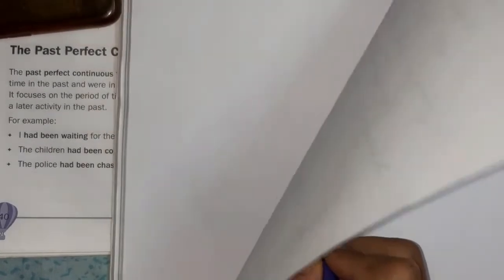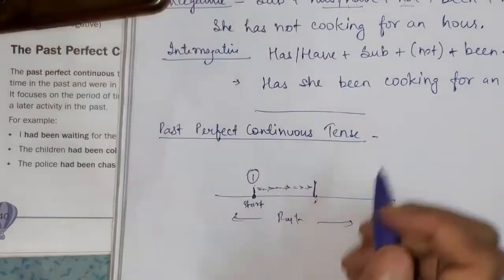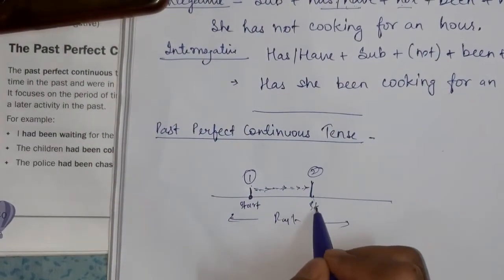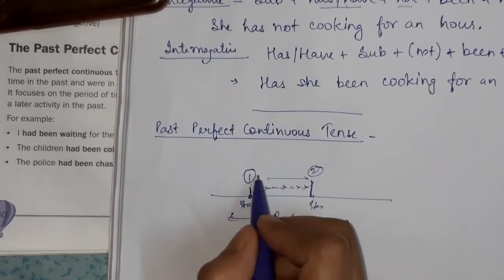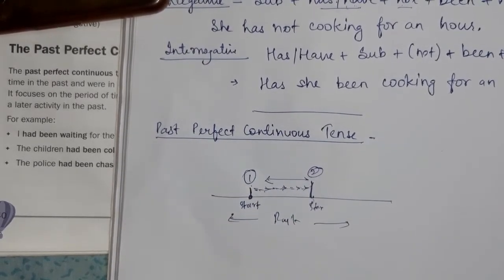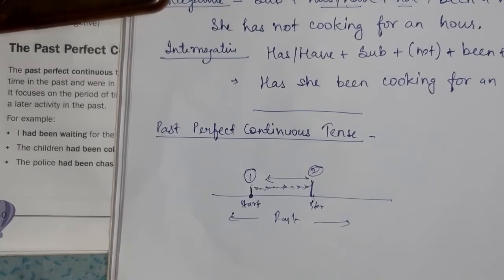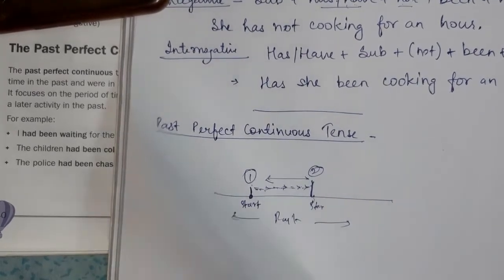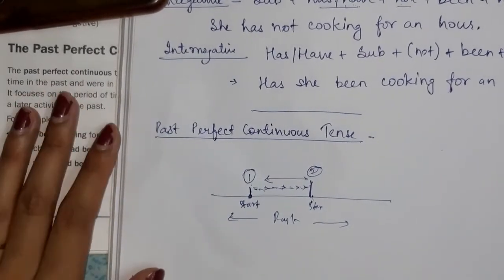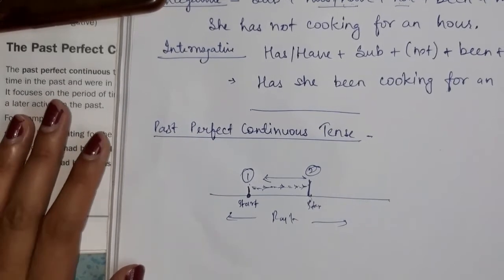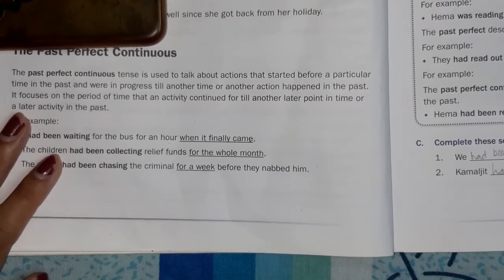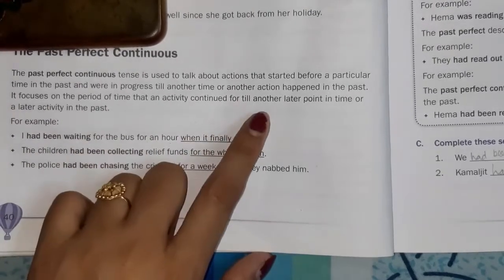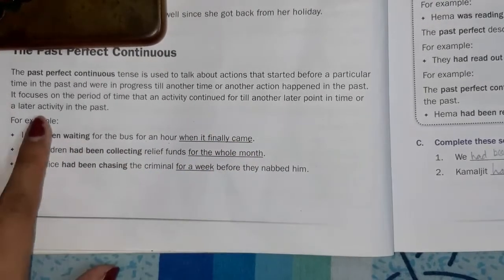So action number 1 started and it is going on, and it stopped when action number 2 started. For how long did action 1 go on? That is all about the past perfect continuous tense. This is what is explained in this definition. It focuses on the period of time that an activity continued till another later point in time or later activity in the past.